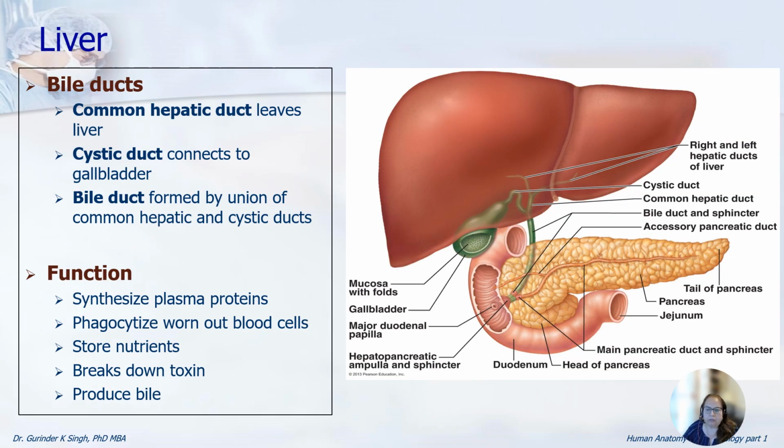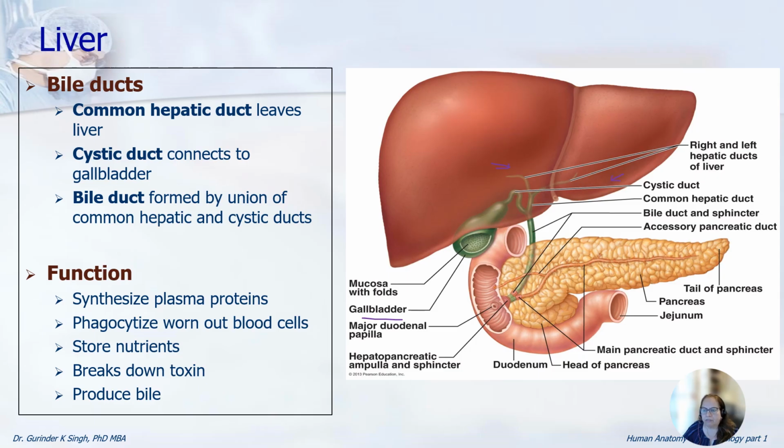The other thing which we see is the gallbladder. The gallbladder is connected to the liver through certain ducts, and the liver synthesizes the bile, which is stored in the gallbladder. The bile ducts, one comes from the right lobe and the other comes from the left lobe.